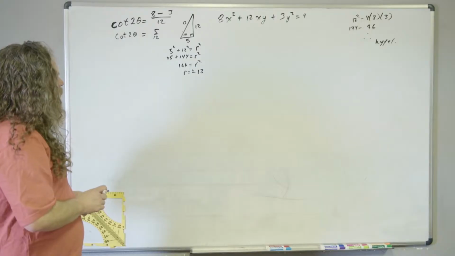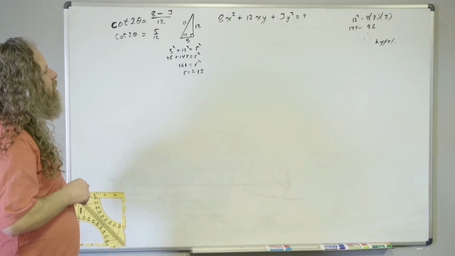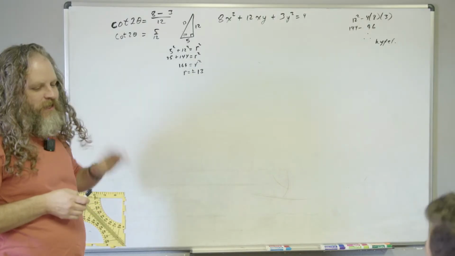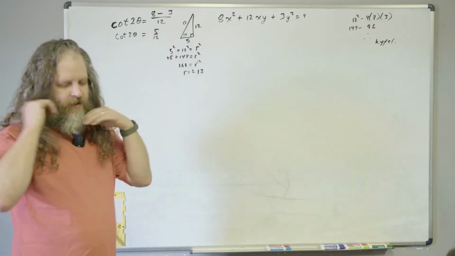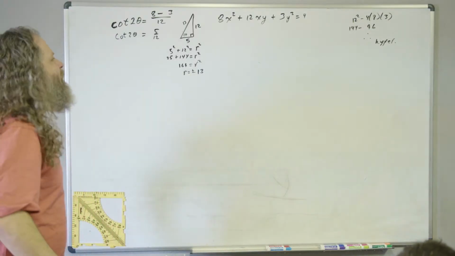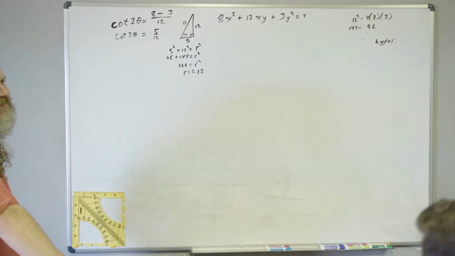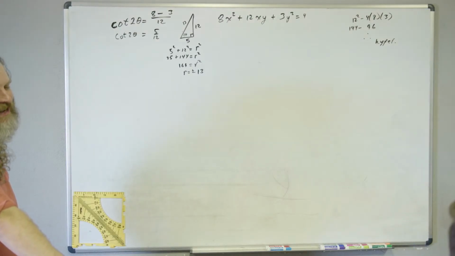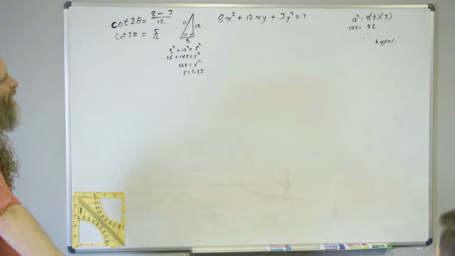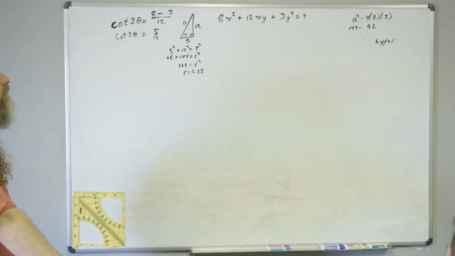Okay, that looks great. So far, so bueno. We need not double angle, so we need half angles. Can we just divide that by 2? No. We need half angle identities.